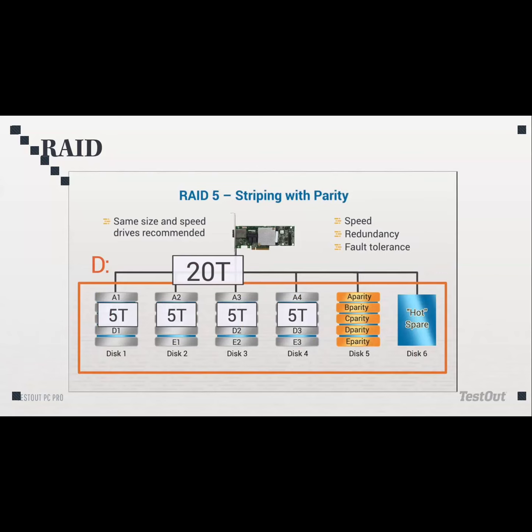Yes, sir. Another way, George, did you understand striping with parity? Yes, sir. There is another way to do RAID 5, in which the parity information could be stored: instead of storing it on every single disk, we could dedicate a single disk to just keep the parity information. So all you do is store parity information, and then you put that information in the spare disk when any of these other disks get bad.